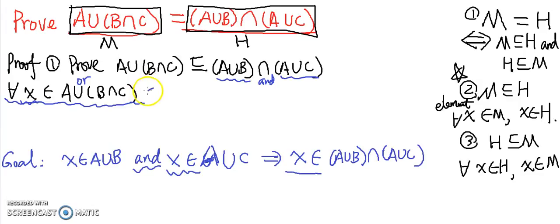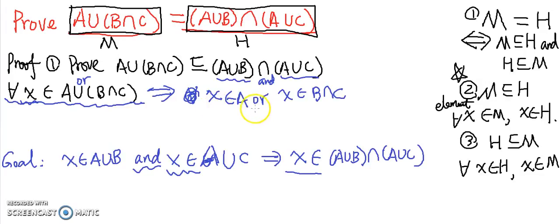So by this, because x is in A or in B, we get a conclusion: the member x is in A, or the member x is in the other one, B intersecting C. So now we got two cases, because or means this case could happen, this case could also happen. So let's do it by two cases. I'm going to call this case 1, I'm going to call this case 2.